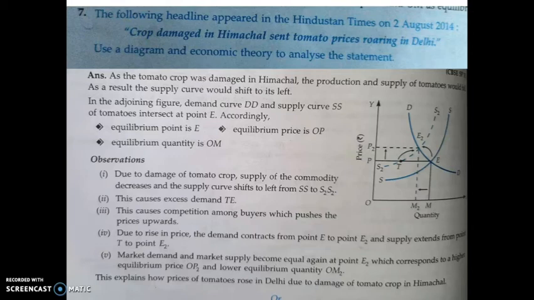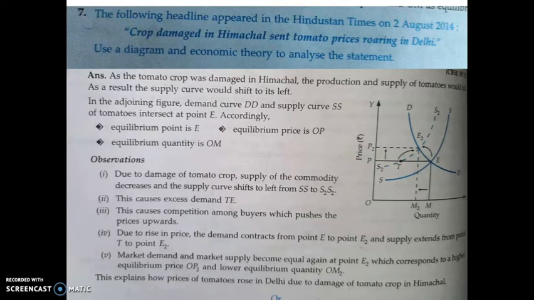In simple words, we can say that due to damage in tomato crops, the supply of tomato would fall, so there is a leftward shift in the supply curve. At the same time, the demand curve remains the same. If the supply curve shifts leftward, what happens?